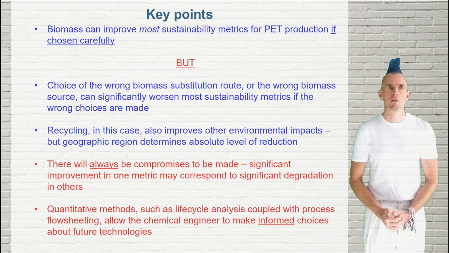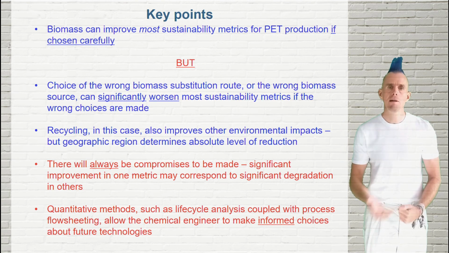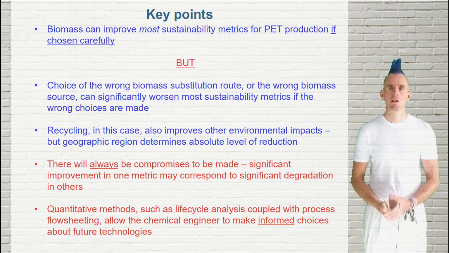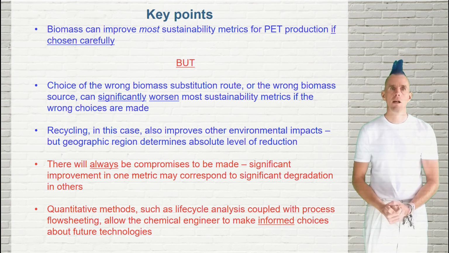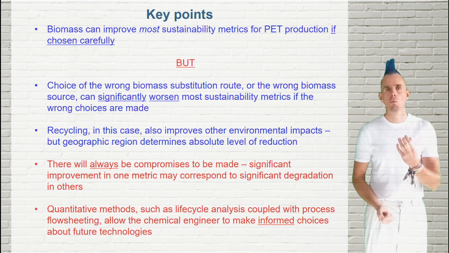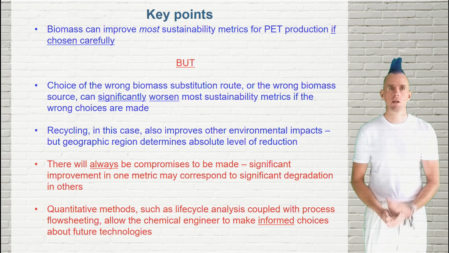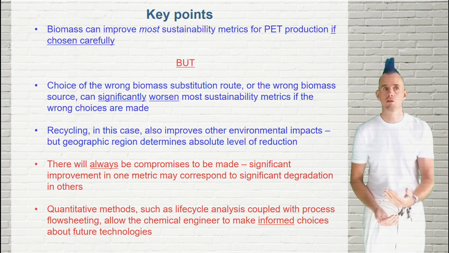Let's discuss a few key points. What I wanted to show you was that in some ways, biomass substitution can improve some sustainability metrics for the production of the functional unit that we've chosen, our polyethylene terephthalate drinks bottle. But you have to be careful what environmental metrics you look at and what biomass you use. The choice of the wrong biomass can actually make a lot of environmental metrics worse.